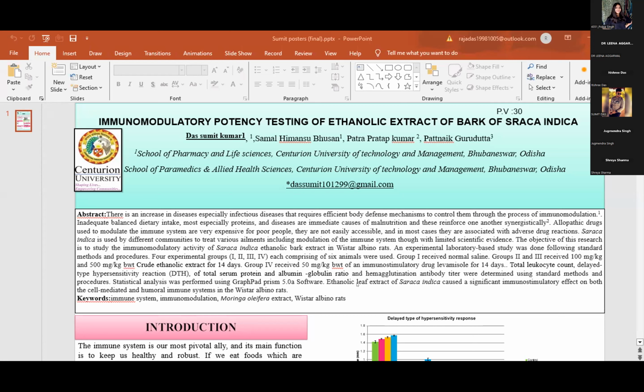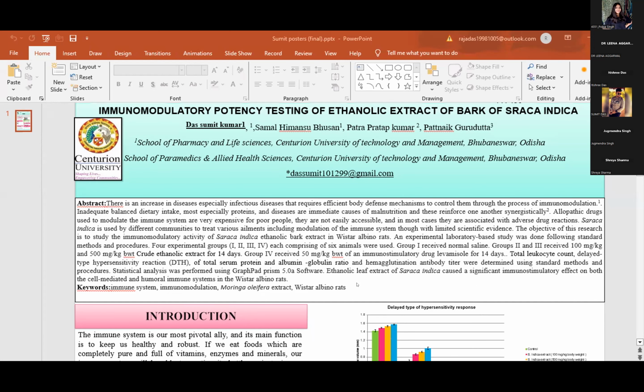Good afternoon, all. My topic is immunomodulatory potency testing of ethanolic extract of bark of Saraca indica. There is an increase in disease, especially infectious diseases, that requires an efficient body defense mechanism to control them through the process of immunomodulation.